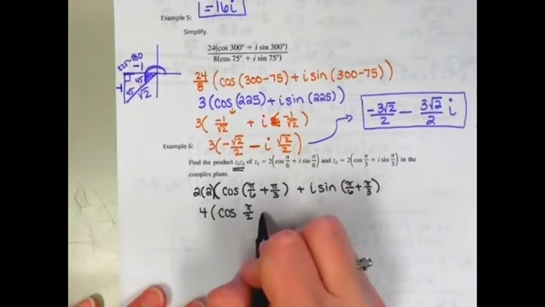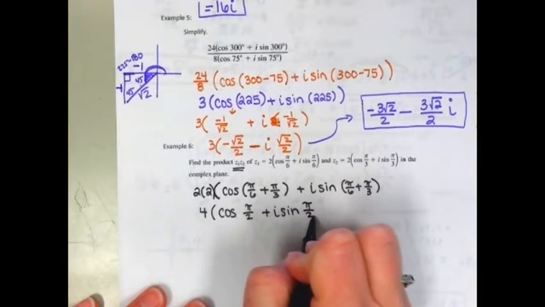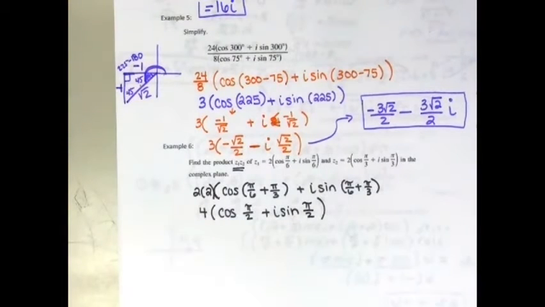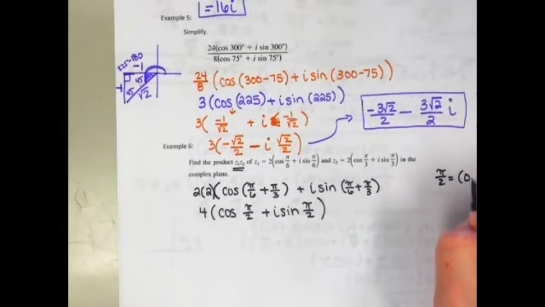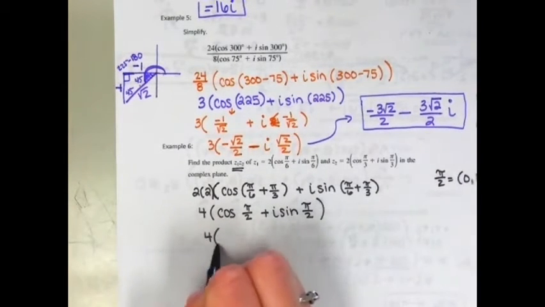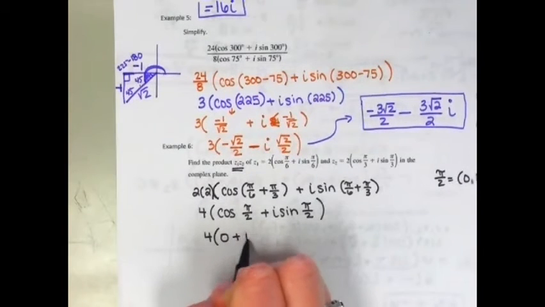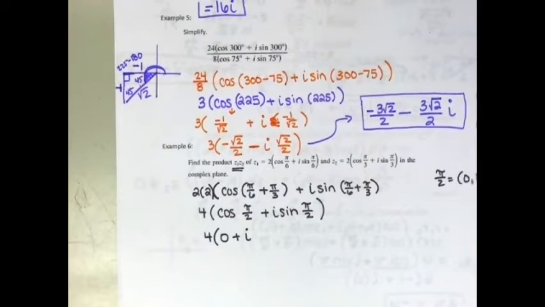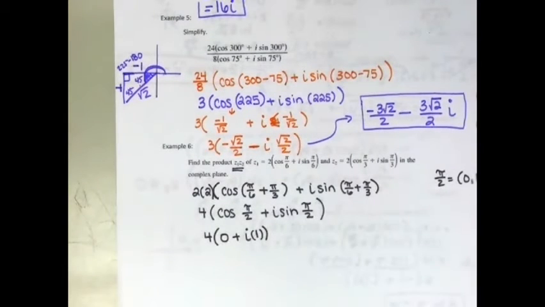So we have cosine of pi over 2 plus i sine of pi over 2. Hey guys, we already know pi over 2. What is that as a coordinate? Pi over 2, wasn't that 0, 1? Yeah. So what is the cosine of pi over 2? 0 plus i. And what is the sine of pi over 2? 1. So what is 4 times 0 plus 1i?